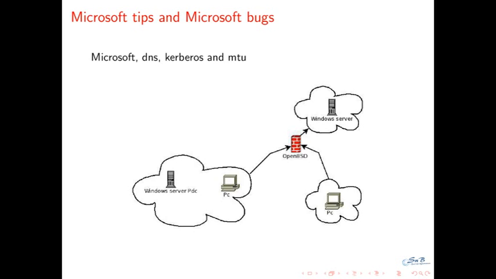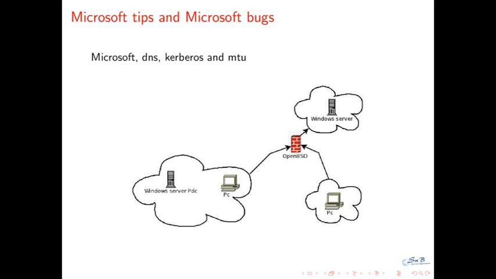Then the computer connected to the VPN. The VPN as a standard has 1360 MTU. The client, for I don't know which reason, changed the MTU of the adherent interface.